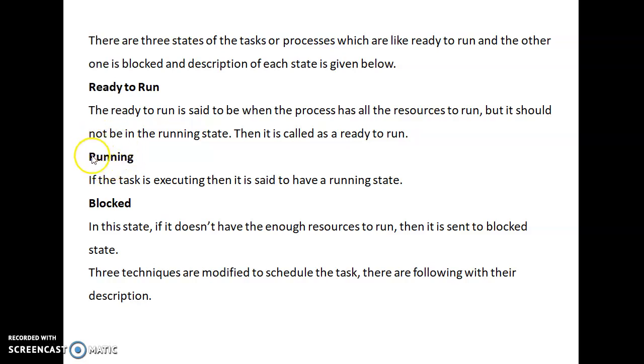The CPU is engaged over here and the process gets executed if it is executed uninterruptedly. Block state: if a process in running state is interrupted by a resource, then it goes to block state where it waits for the resource to be free or allocated for that task. Only then it goes to ready state and then to run state.